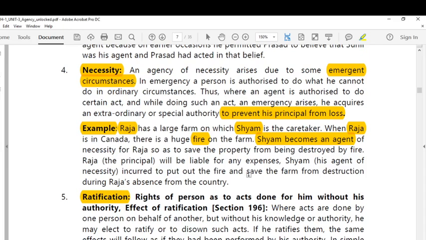So whatever Sham has spent to protect the property of Mr. Raja from destruction, all such expenses should be reimbursed by Mr. Raja, because there is a relationship of principal and agent which arises because of emergent circumstances. In order to prevent the loss to the principal, this agency has come into the picture by necessity.